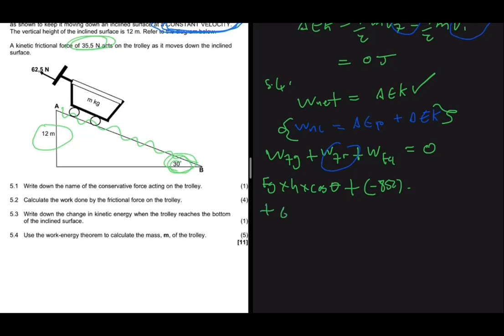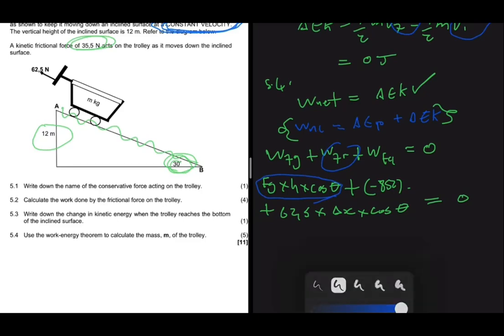So plus 62.5 multiplied by the displacement, and then cos of the angle, right? And this should be all equal to 0. So let's talk about this work done by gravity first. There are two ways you can use to find the work done by gravity. You can use the gravity itself, right, and the height.